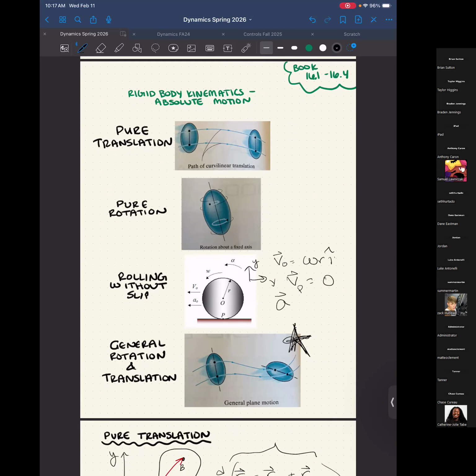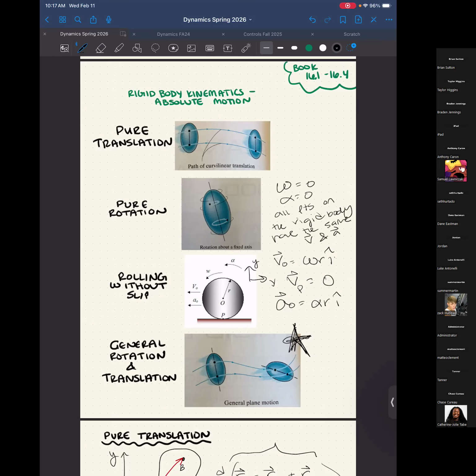The acceleration of O is alpha R i hat. These are roll without slip conditions. Pure translation, when we are purely translating, we know that omega equals 0, alpha equals 0, and all points on the rigid body have the same velocity and acceleration.